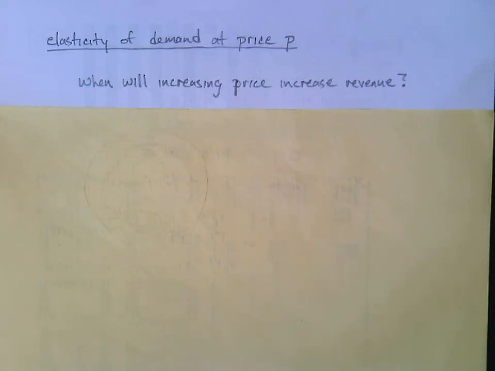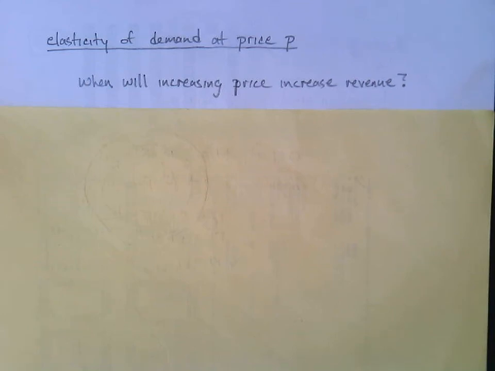When will increasing the price increase revenue? Okay, so that's a huge question for how different products are priced. Of course, most companies want to make the most revenue possible. And so they're going to set their price point in order to achieve that.